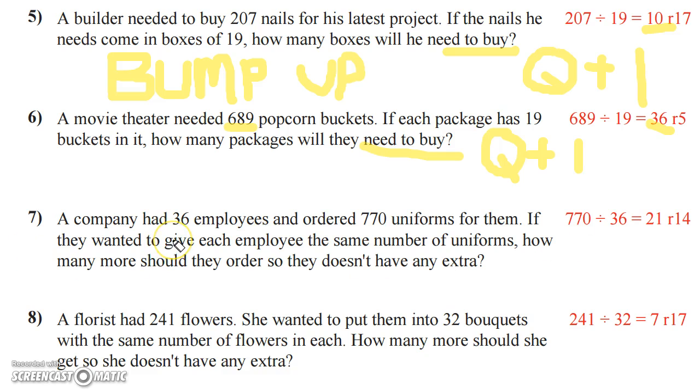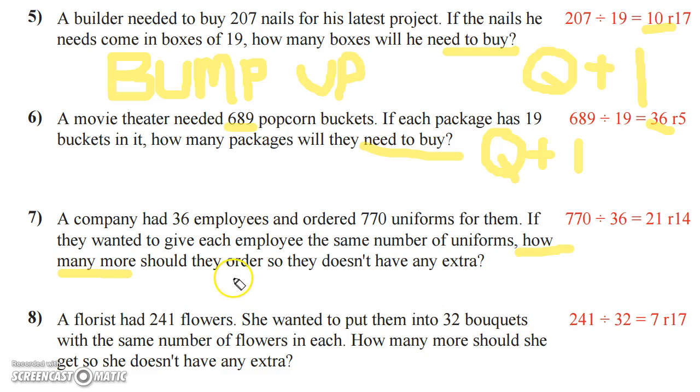A company has 36 employees and ordered 770 uniforms for them. If they wanted to give each employee the same number of uniforms, how many more should they order so it doesn't have any extra? Well, for this problem, we're going to look at the words how many more. That means that if you've got a remainder, you've got to figure out how many more you need so you'd have another full set.